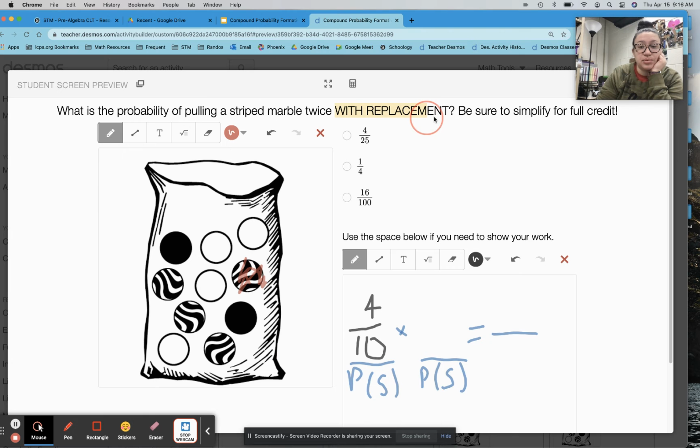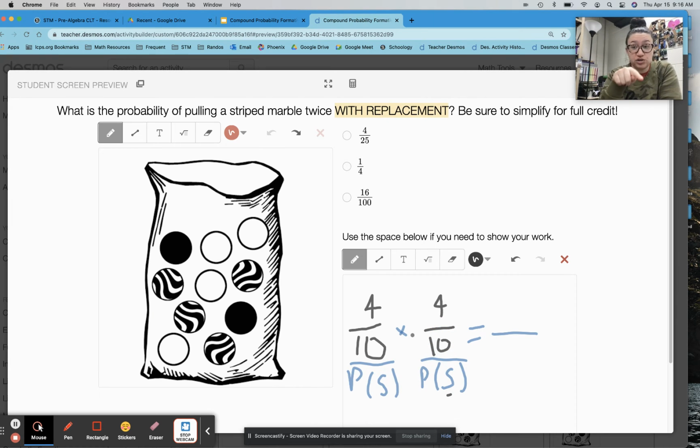It says with replacement, so I put it back in for the second time I'm pulling it out. So the second time, I'm still trying to pull a striped marble, but what's the probability of me pulling a striped marble this second time? It's still 4 out of 10.